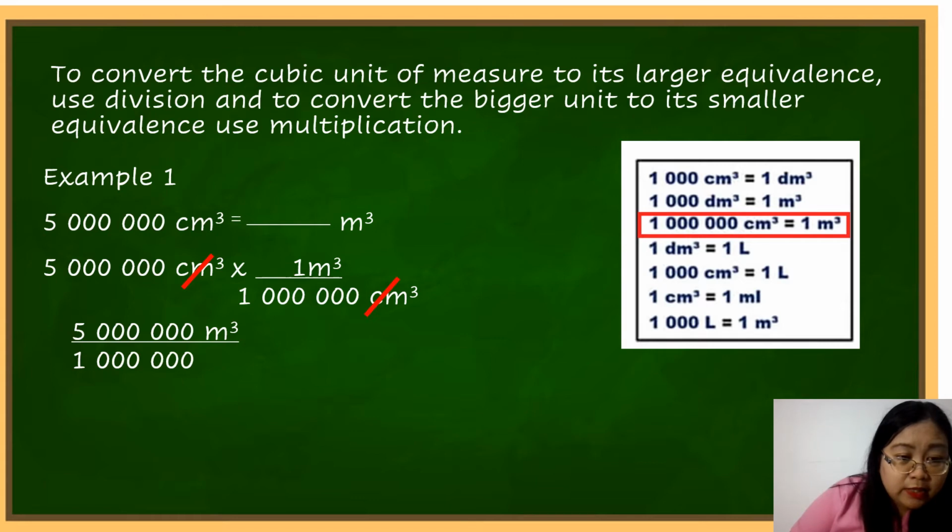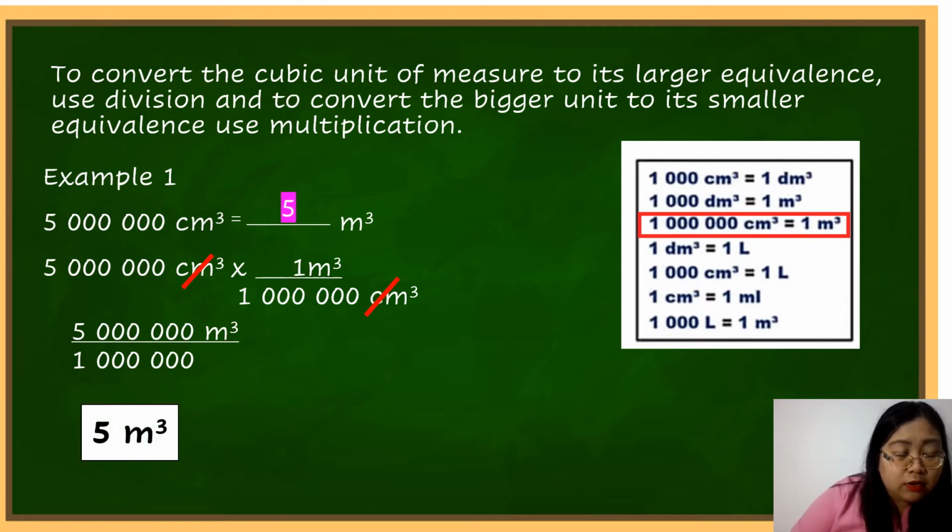So 5 million times 1 cubic meter divided by 1 million is equal to 5 cubic meters. The answer here is 5 cubic meters. So 5 million cubic centimeters is equal to 5 cubic meters.